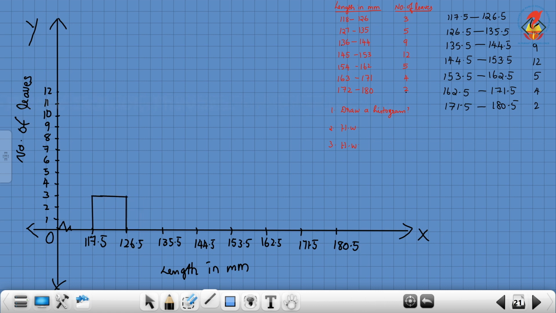Next 117.5 to 126.5, 3. Next 126.5 to 135.5, 5. You should start from 126.5, 5.